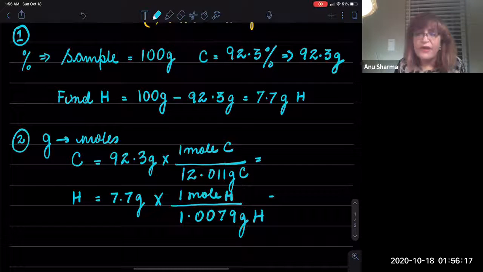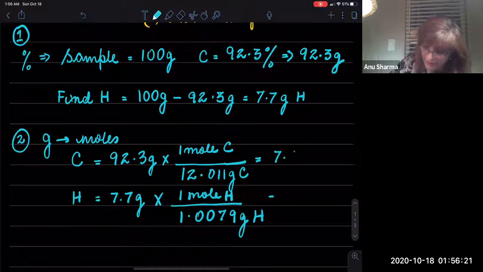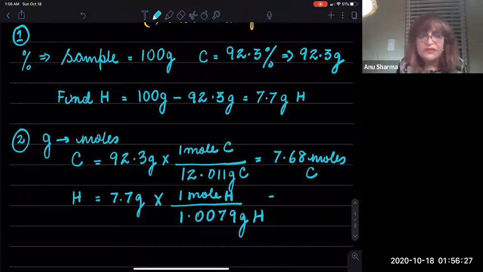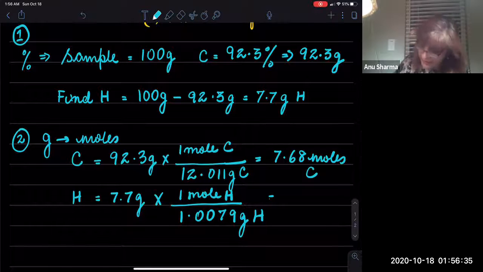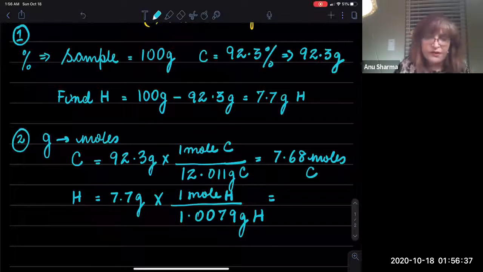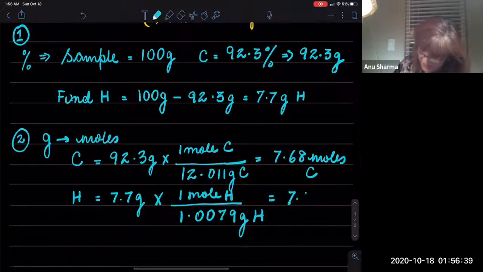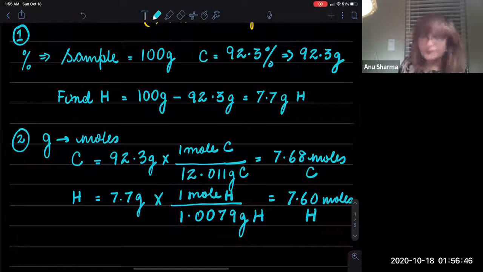When you do 92.3 times 1 divided by 12.011, you are going to get 7.68 moles of carbon. Next, for hydrogen, 7.7 times 1 divided by 1.00794, and you're going to get 7.60 moles of hydrogen.